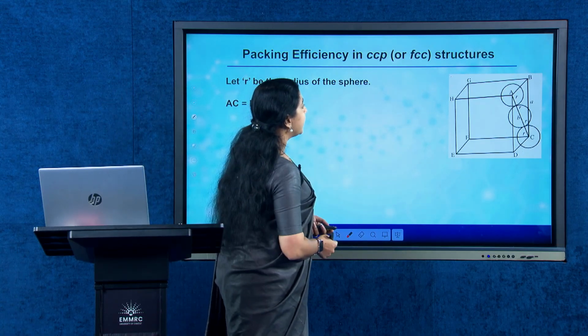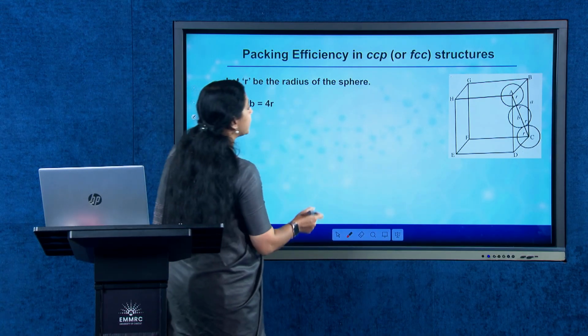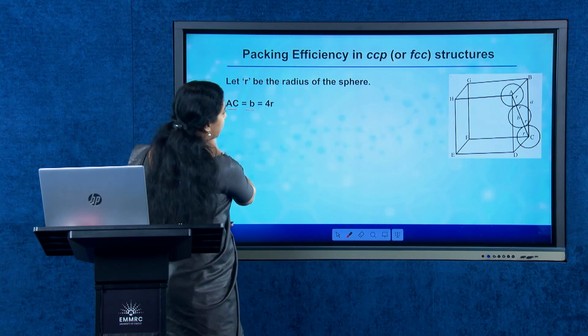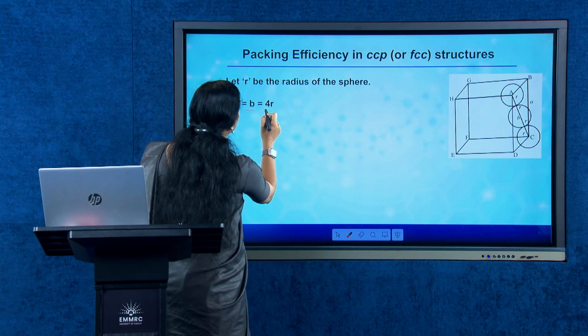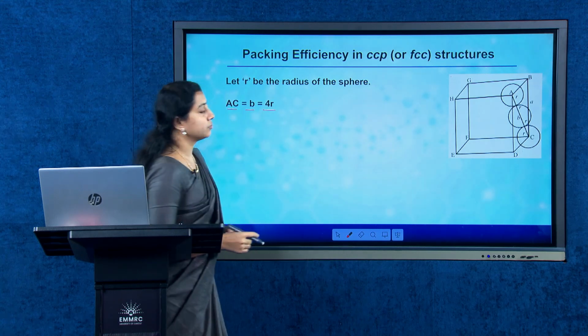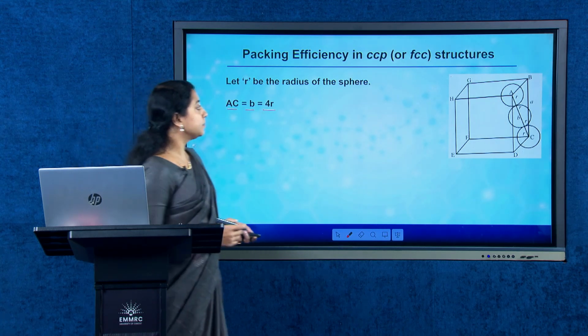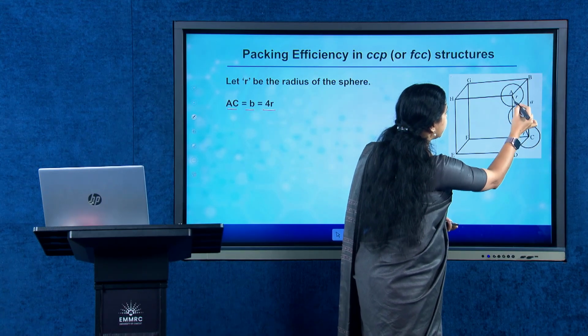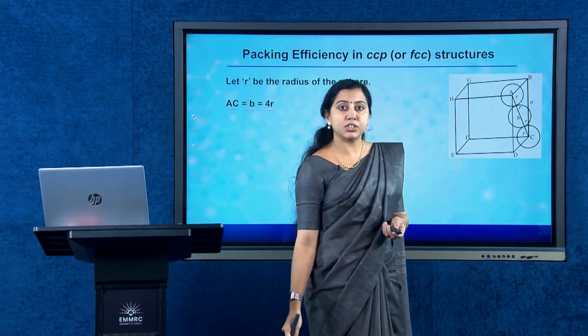So, here you can see that the face diagonal AC equals B, and that is equal to 4R. How 4R? You can see that on this face there are 3 spheres touching each other.